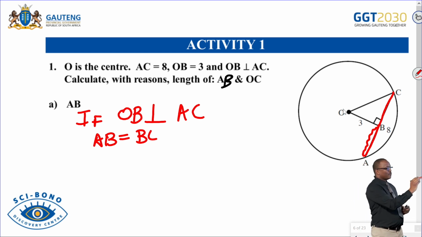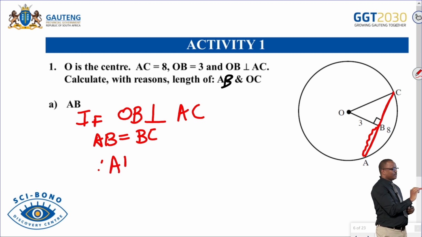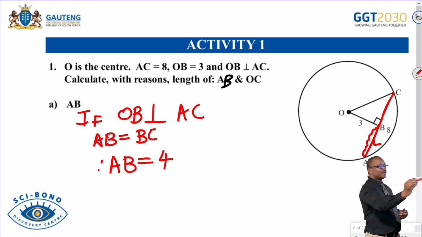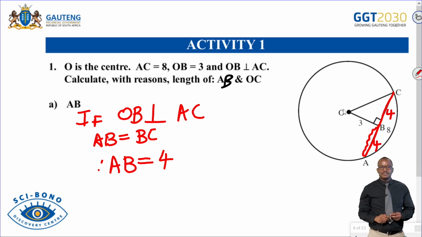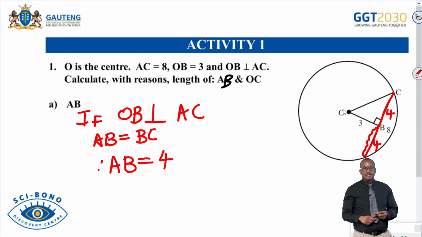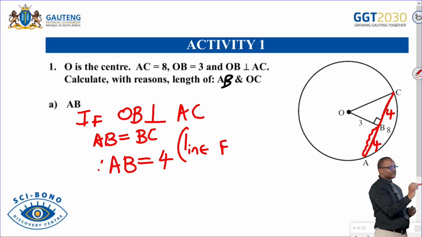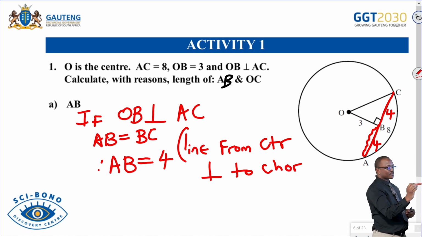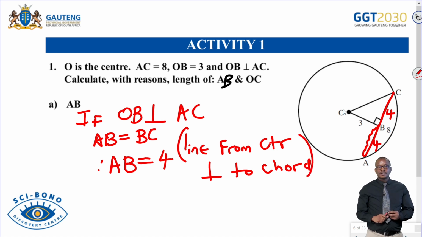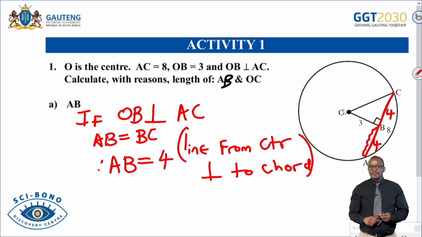So now we're going to say, therefore, AB is equal to 4, because if you say 4 plus 4, then you get 8. It means you get 4 there. Then what will be the reason for this? Remember, the reason will be: line from center perpendicular to chord. That will be your reason.